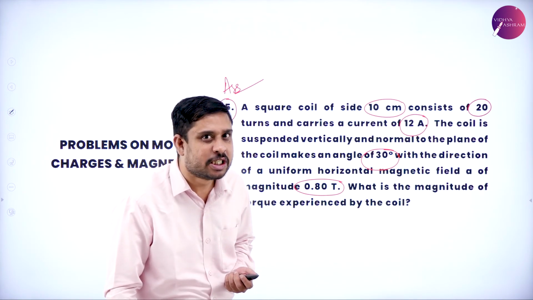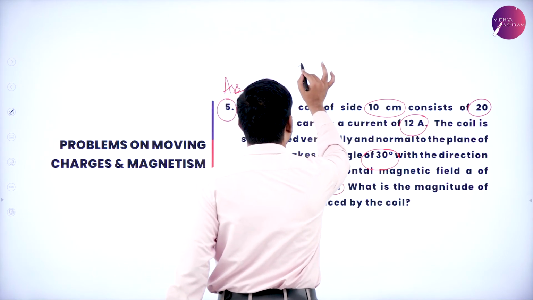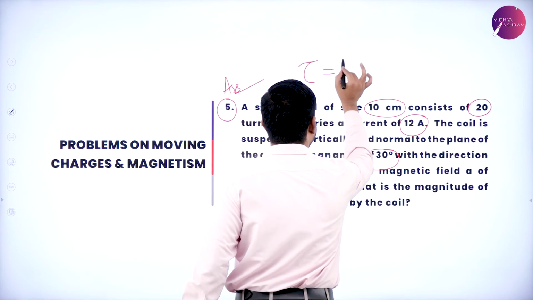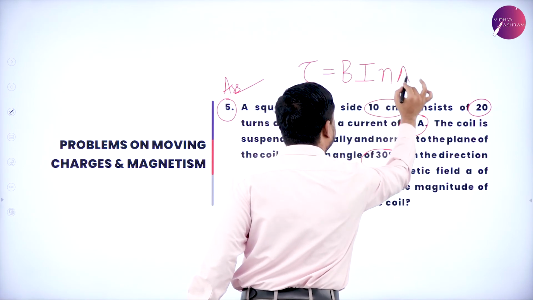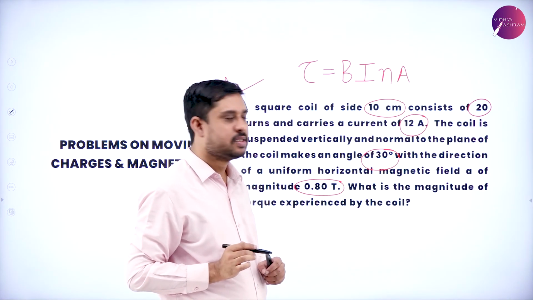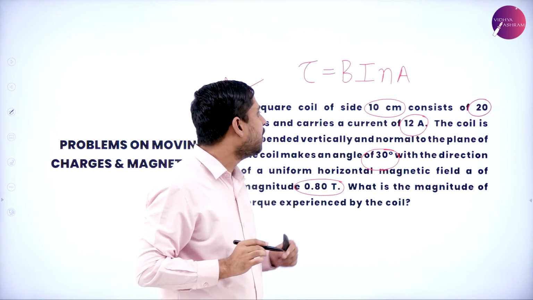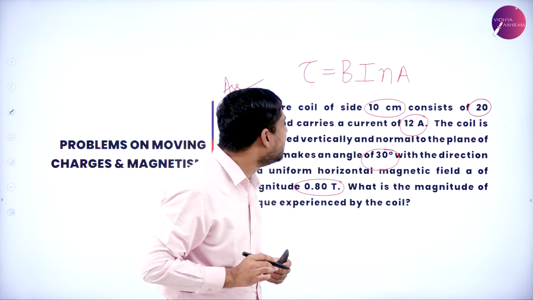What is the expression for torque? So torque tau is B I N A. B is given, I is 12 amps, N is 20.